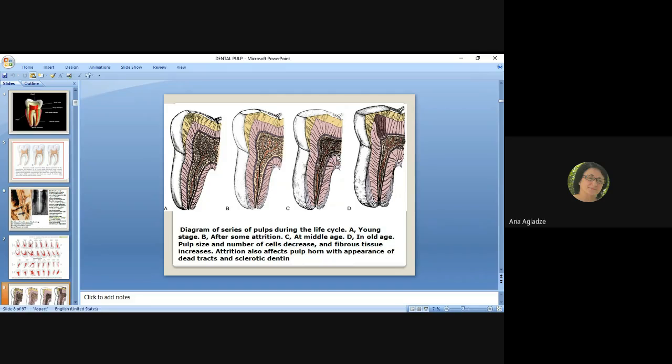And also sclerotic dentin. This is age changes. This is the cause of different trauma or attrition or abrasion. This is the young stage after some attrition, middle age, and it is old age.